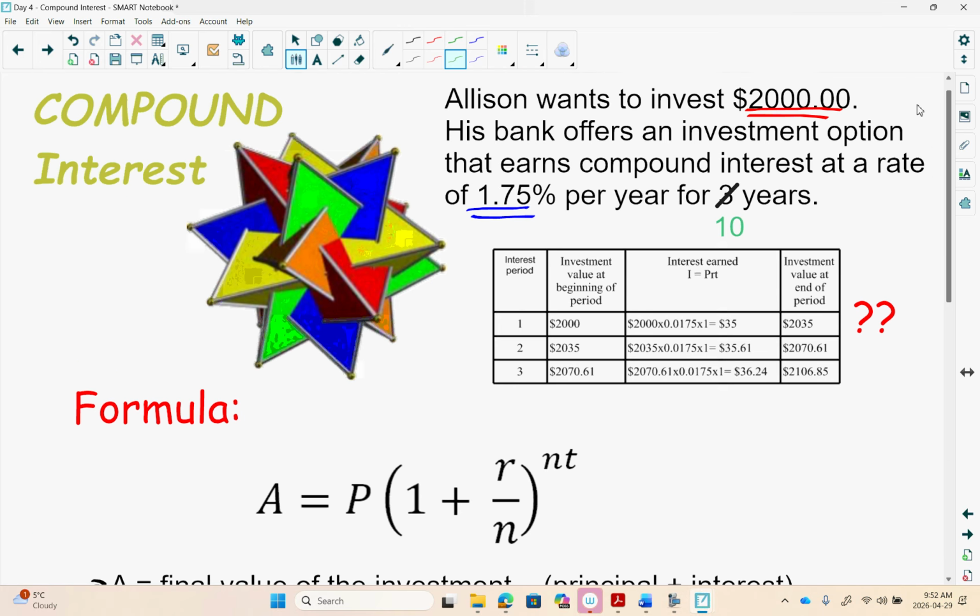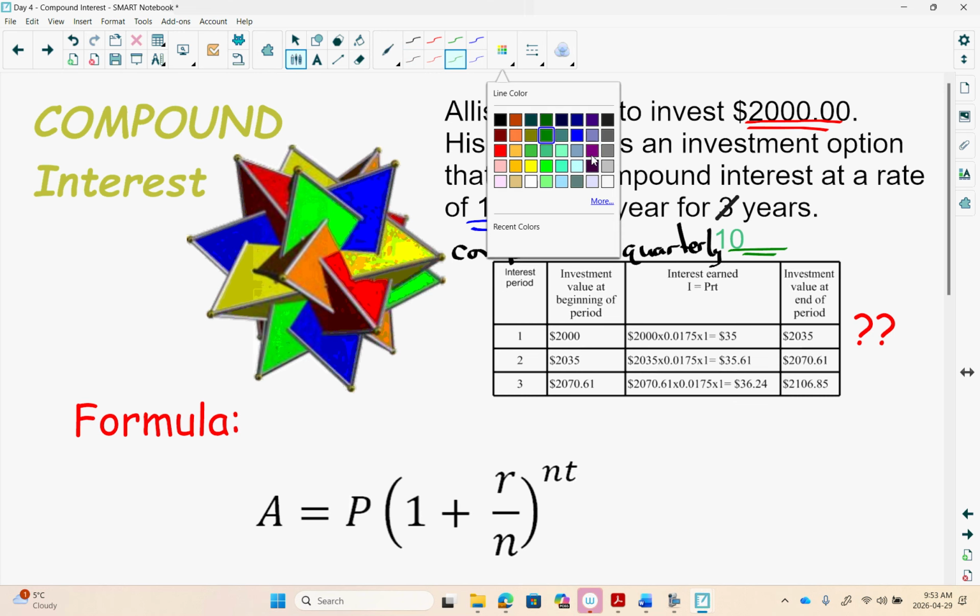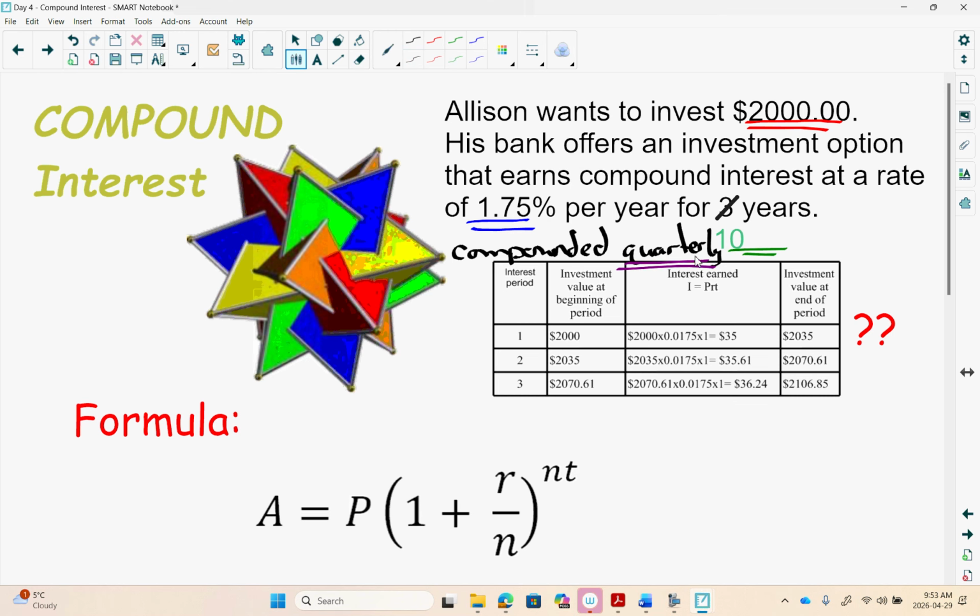And I just noticed that it didn't tell us the compounding frequency. So let's add that. Let's say it's compound interest at a rate of 1.75%, but say it's compounded, let's go with that new one, quarterly. So we've got the term. If it's compounded quarterly, what variable does that help me with?